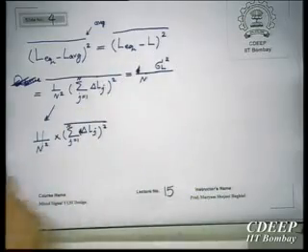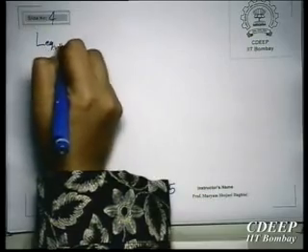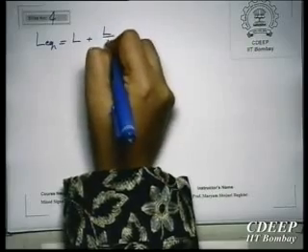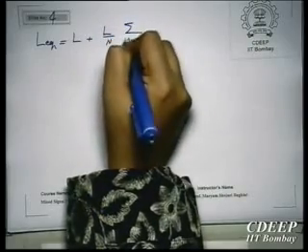L equivalent is equal to, I think I should write it. The best way is to write it in detail. So, L equivalent is L plus L upon N summation.